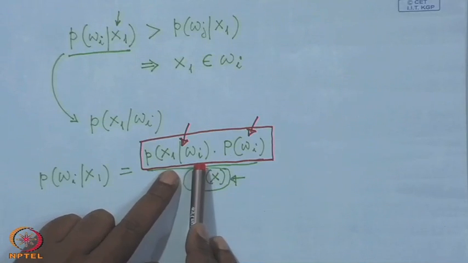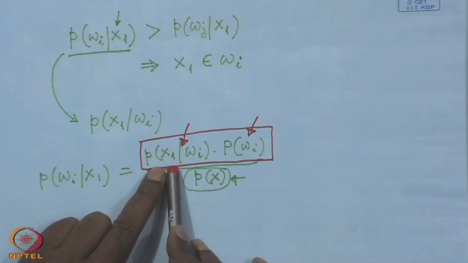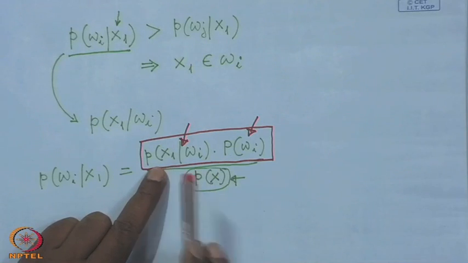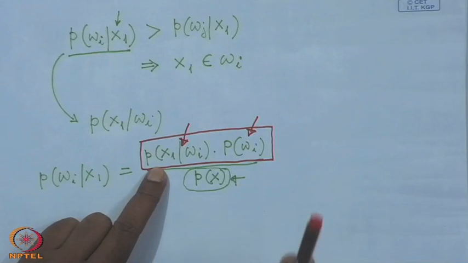So, my job will be that I have to compute P of x 1 given omega I, where x 1 is an unknown sample, making use of the known samples which are provided for supervised learning. So, my problem is that.